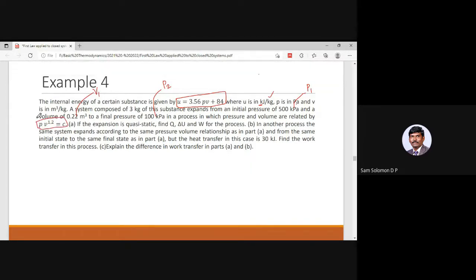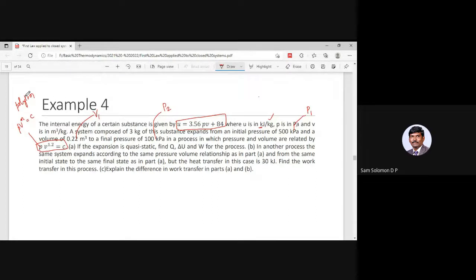So this is like the equation PV power n equal to constant, which is a polytropic process. So n is equal to 1.2.